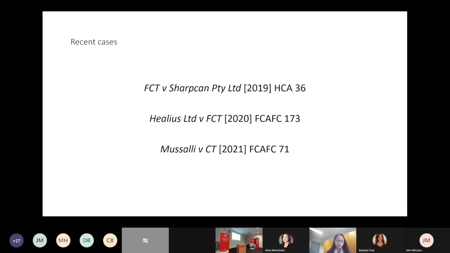Following the decision in both Shopkin and Healius and Muselli, the taxpayer applied for special leave to the High Court of Australia in both cases. However, the High Court dismissed the application, bringing the matter to a close. So they ended at the federal court level.